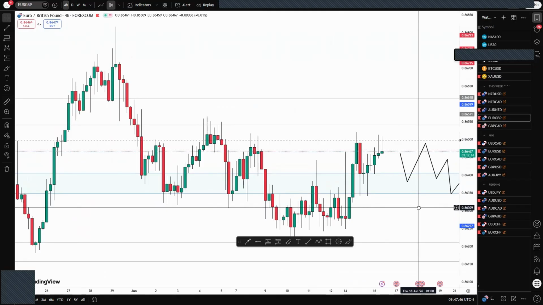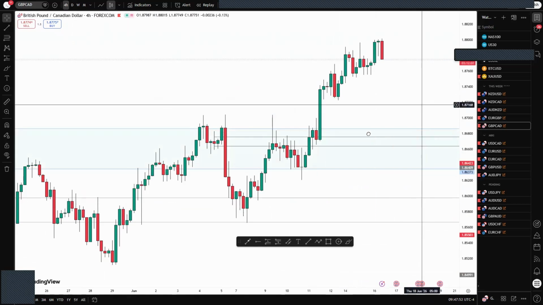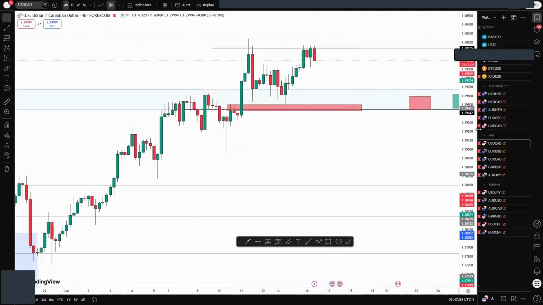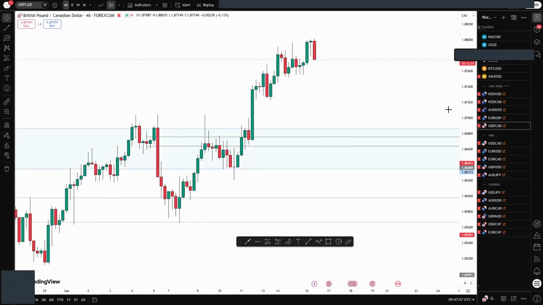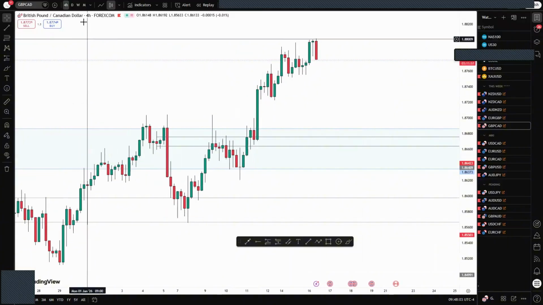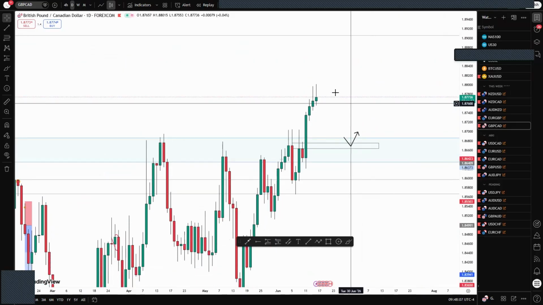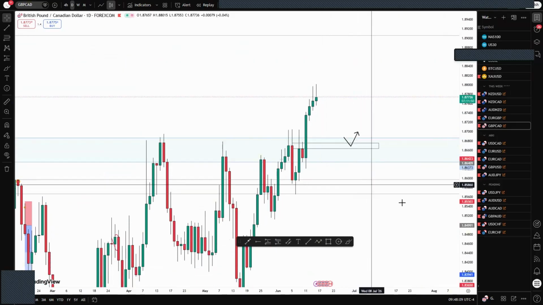So the next thing is GBP CAD. Oh, you can see we're having a bit of momentum there. Price is trying to slow down.